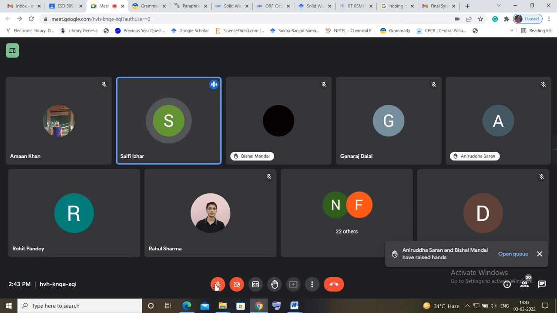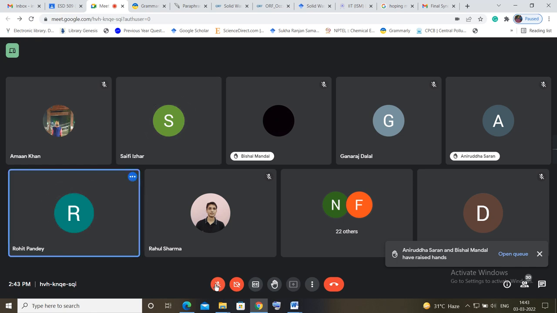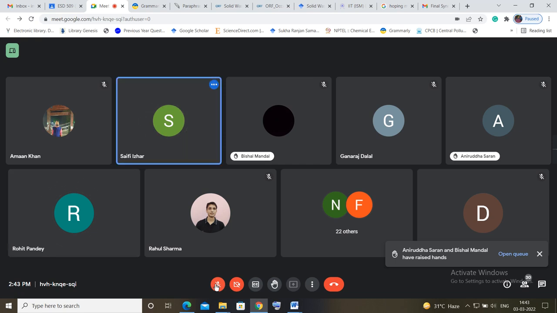Can you share your screen where you have calculated? Sir, calculator pe kiya hai. Calculator pe kiya hai. Okay. Yes, sir.